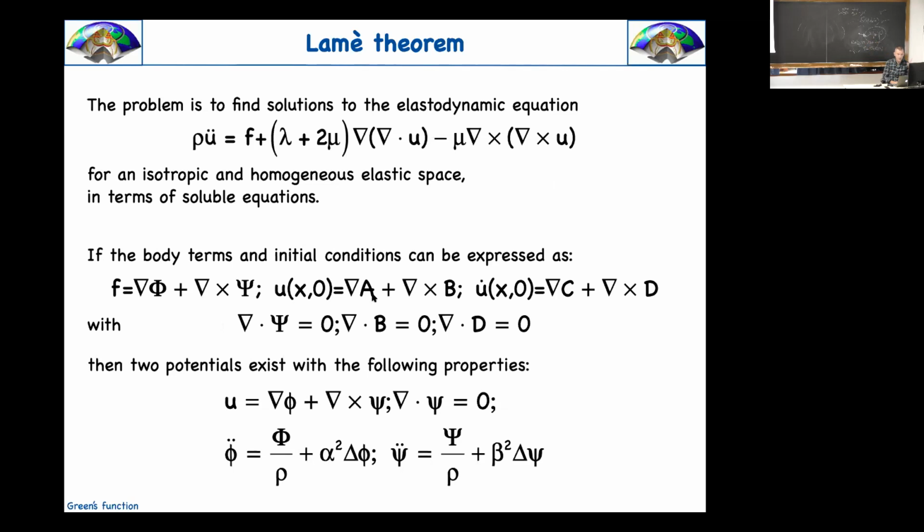Then, and this is Lamé's theorem, an application of the Helmholtz theorem, you can demonstrate that two potentials exist so that you can write U as the gradient of a scalar potential plus the curl of a vector potential. The vector potential has zero divergence, like for S waves, and they have to obey these two equations.